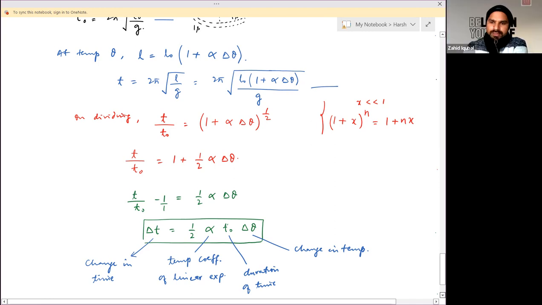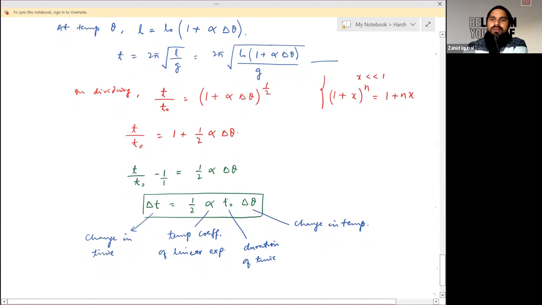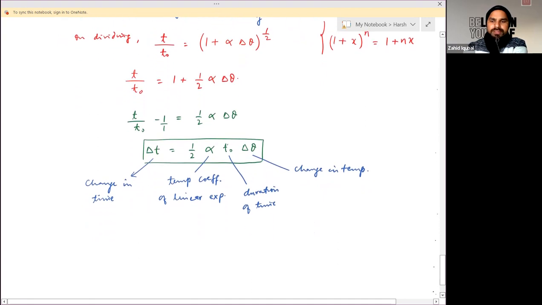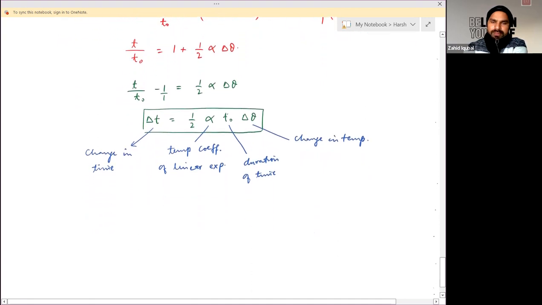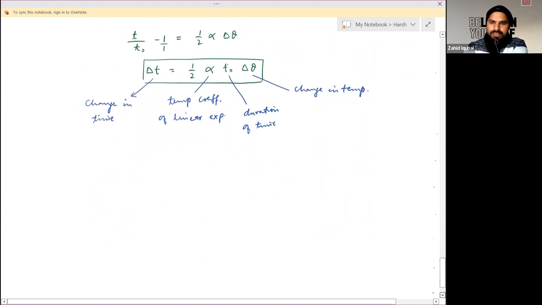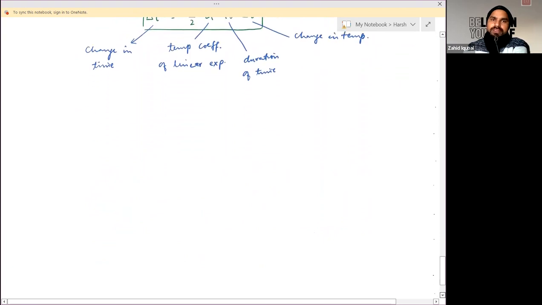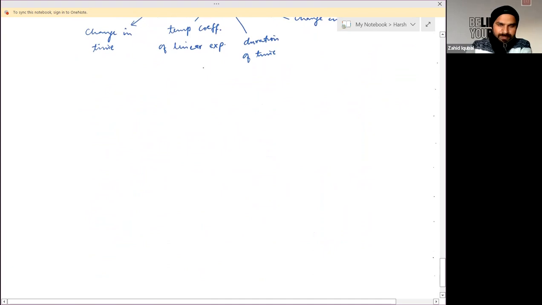Okay. Now, related to this part, you'll be asked, what will happen if you increase the temperature, or what will happen if you decrease the temperature? So let me define this result in two different conditions. First, if temperature is increased, and second, if temperature is decreased.